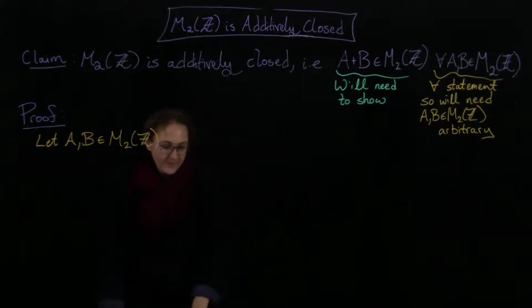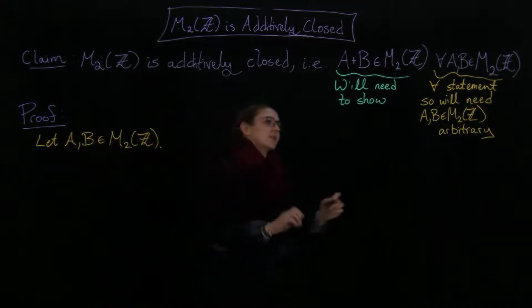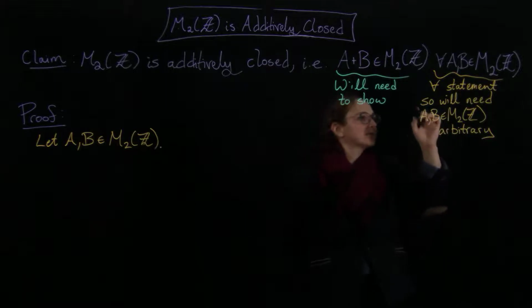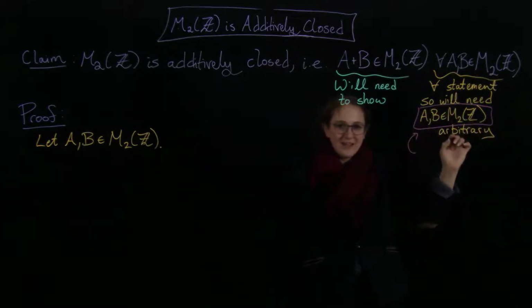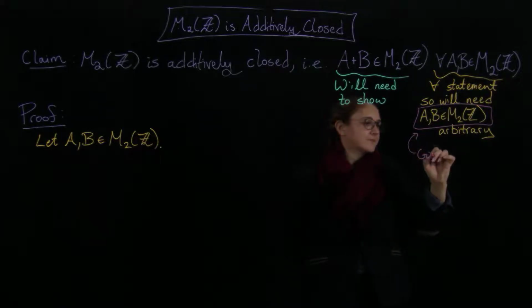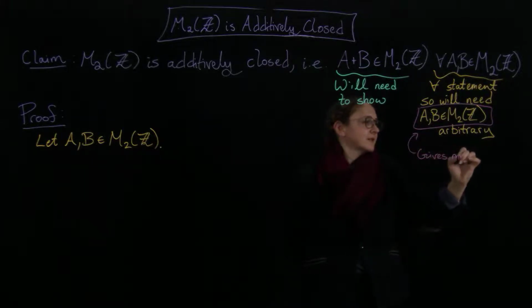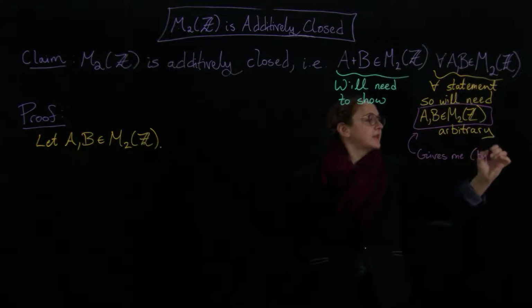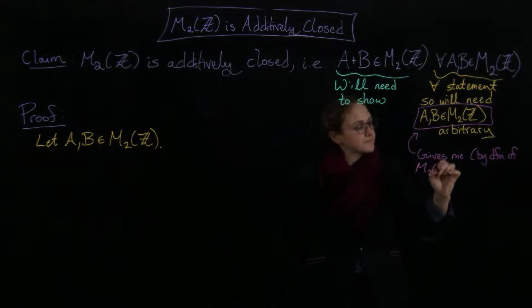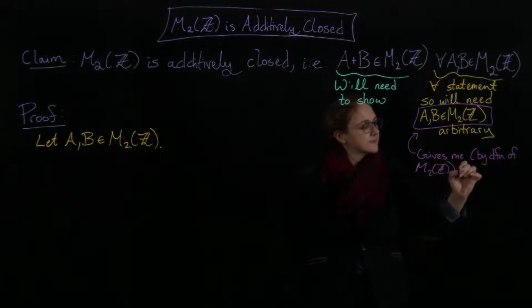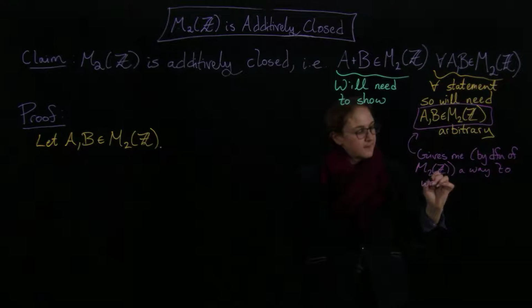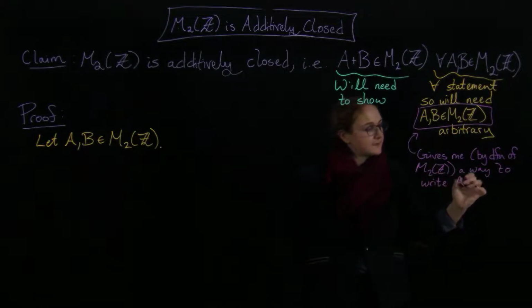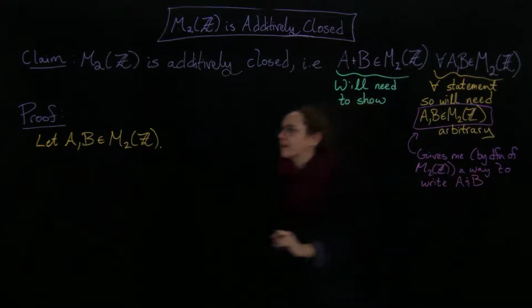I can annotate some more over here, is that this gives me a way to write A and B, by the definition of M2Z.